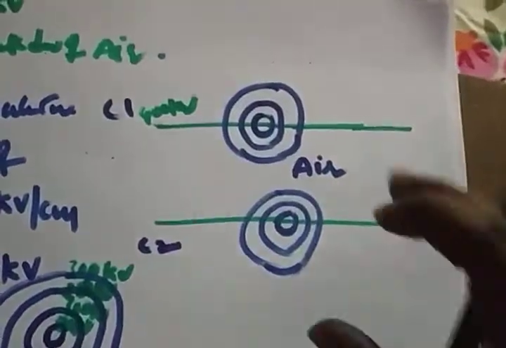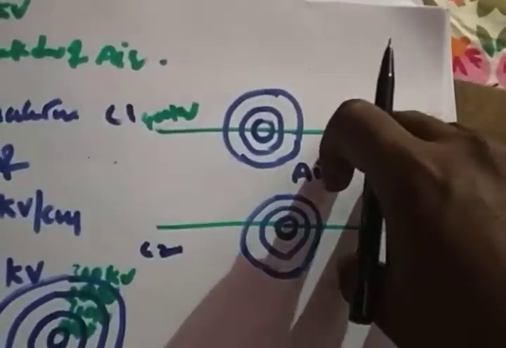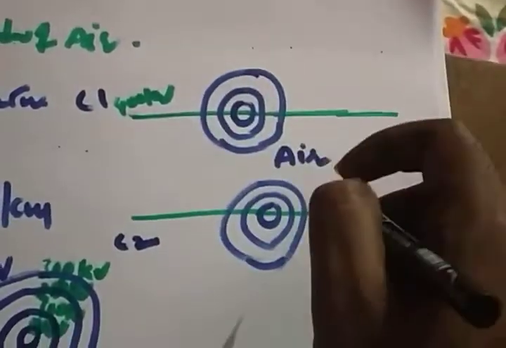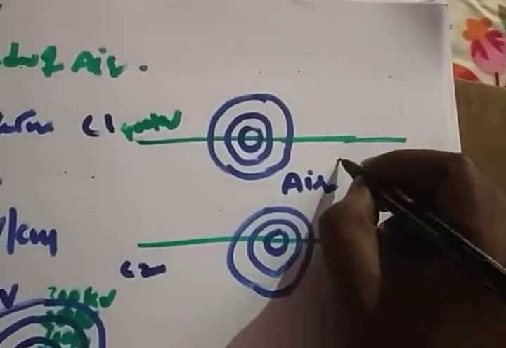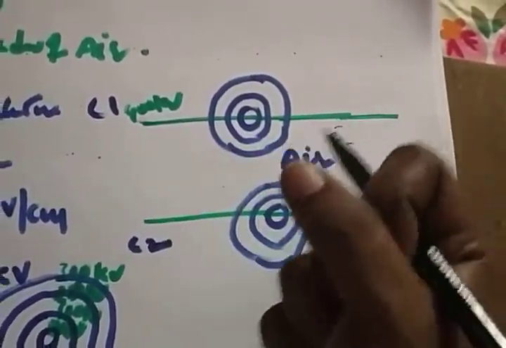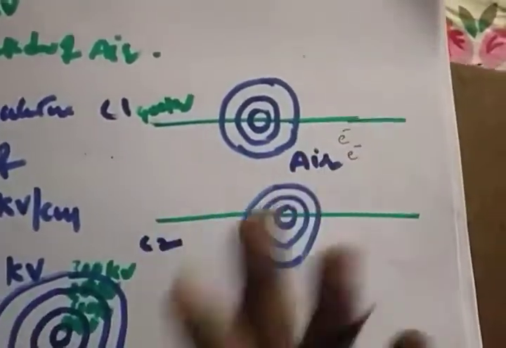Now consider this a free space, where the air acts as an insulator. Throughout the air, some free electrons will be present due to cosmic rays or X-rays, whatever it may be, radiation.